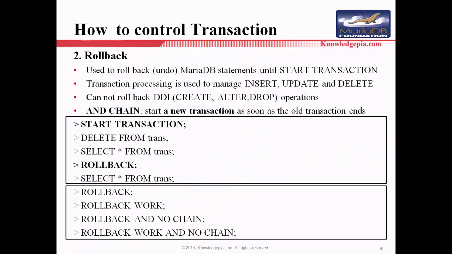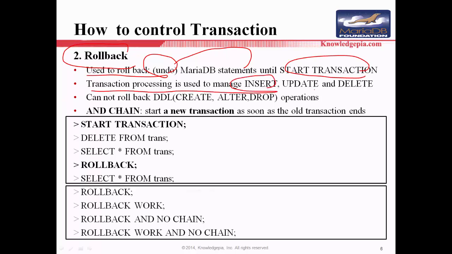How to control the transaction, number 2: rollback. I already told you the meaning of rollback. Normally we say it means undoing or canceling the process, returning MariaDB to its state before the transaction started. Transaction processing is used to manage especially insert, update, or delete.